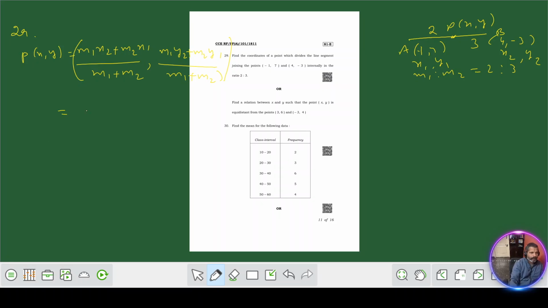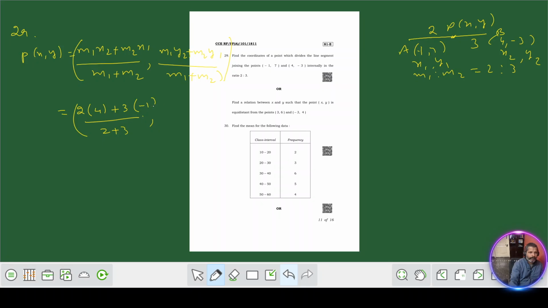Substitute it. m1 is 2, x2 is 4, plus m2 is 3, x1 is minus 1, by m1 plus m2, 2 plus 3.